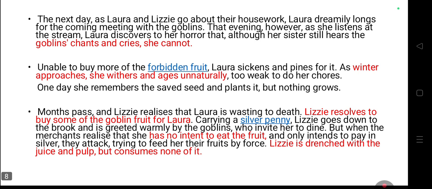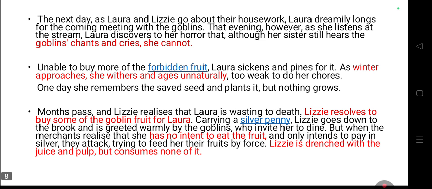Now, how our intellect surrenders before our instinct, when instinct is very much dominating. Now Lizzie surrenders. Lizzie realizes that in this manner Laura will die soon.